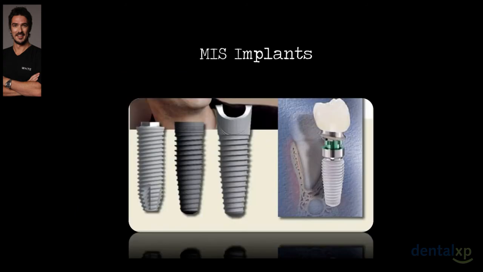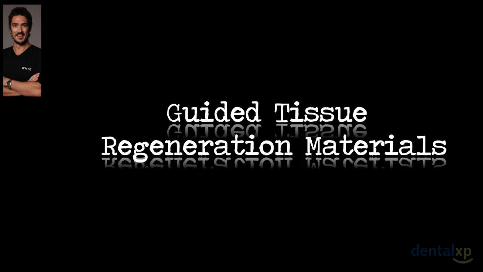And of course, the implant that you use: I am exclusively placing MIS implants now. They have two great versions. They have the MIS 7 implant, which is what we're using primarily, and the new C1 implant. We're doing a study on that, and I hope to be able to share that with you here on Dental XP as soon as possible.